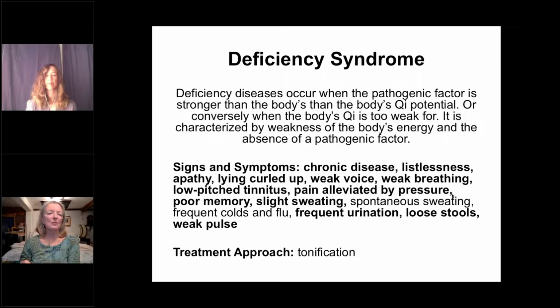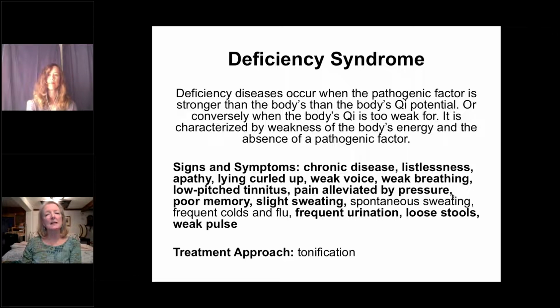They tend more toward chronic ailments. Frequent urination, even nighttime urination, which tends to be deficient yang, nighttime versus the daytime. Daytime frequent urination would be chi deficiency, but also that leaking, urinary leakage or incontinence. That's all chi deficiency. Chi's not holding. Loose stools, weak pulse.